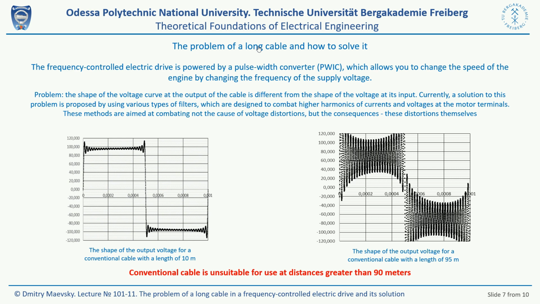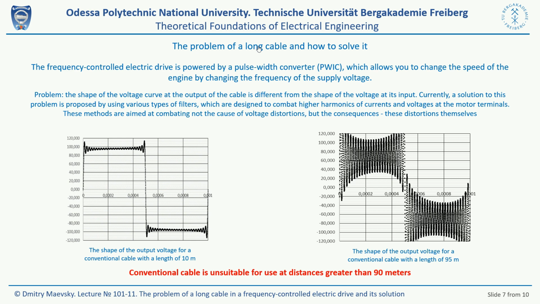If a separate frequency converter is used for each motor, then this is very unprofitable economically. Therefore, several electric motors are connected to one frequency converter using a very long electric cable.